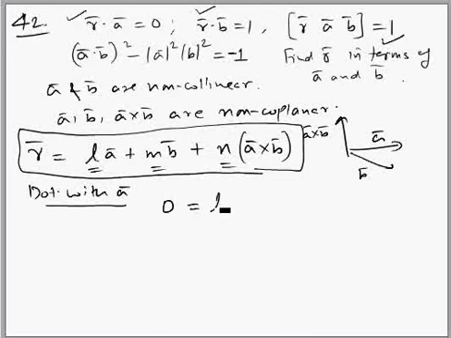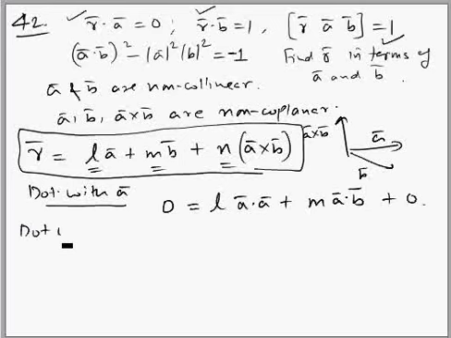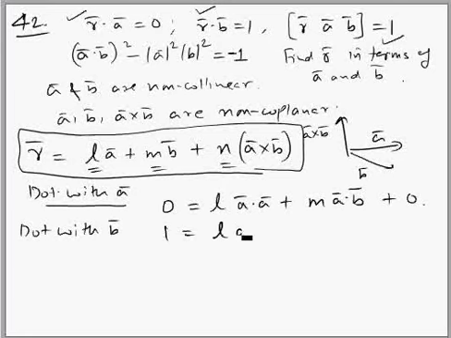As a dot r equals 0 is given, we take dot with a vector. The left hand side becomes 0 as a dot r is 0. This is L a dot a plus M a dot b, and the last term is 0 because a is repeating. Dot with b vector: r dot b is 1, so 1 equals L times a dot b plus M times b dot b, and again the last term is 0.